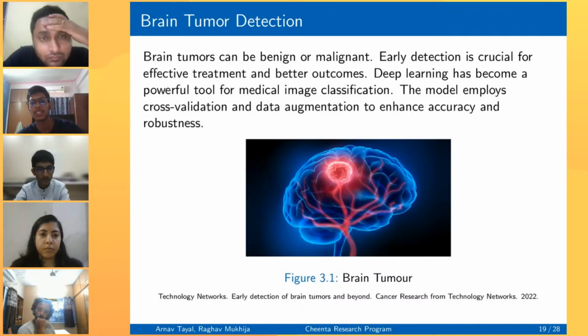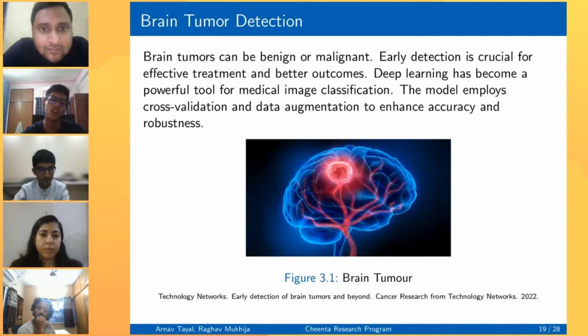Brain tumor detection. Brain tumors can either be harmless or harmful. Finding them early is the key to getting the right treatment and improving the recovery chances. Deep learning is now a strong tool to sort medical images. This technology uses techniques like cross validation and data augmentation to improve its accuracy and reliability.